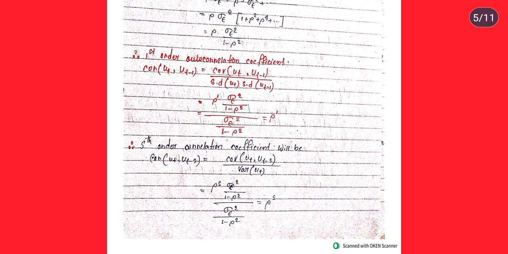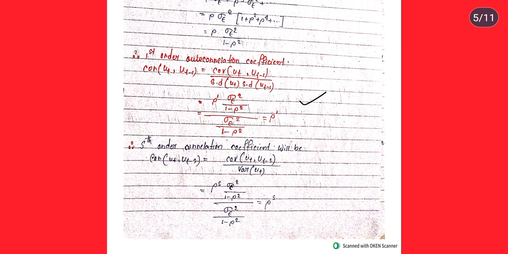So putting the values here, variance is sigma epsilon squared over 1 minus rho squared, and covariance is rho times sigma epsilon squared over 1 minus rho squared. These terms cancel out, and we get rho superscript 1.